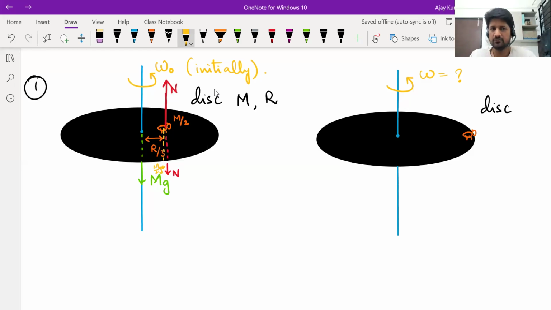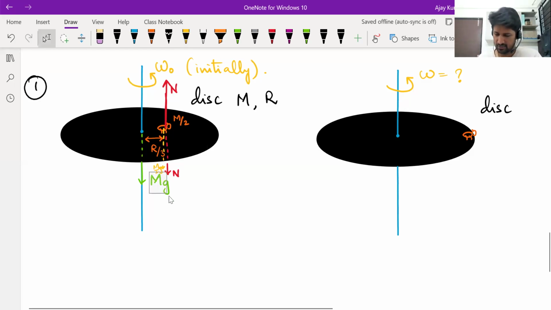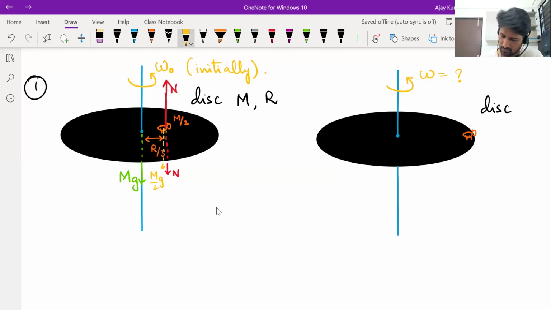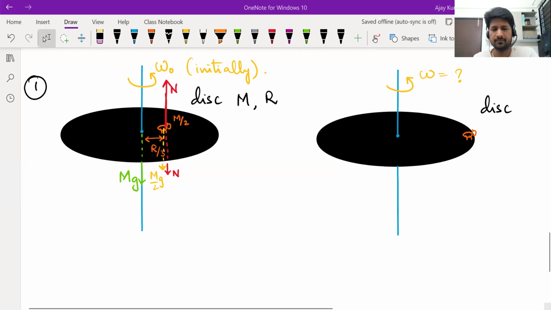Rishi, tell me, which of these forces, weight of the disk, weight of the insect, normal forces, which of them can produce a torque about the given axis? Pawan? Normal force.